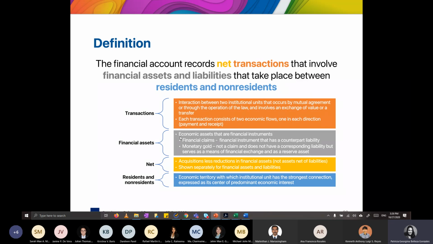So when we say financial assets and liabilities, these pertain to economic assets or liabilities that are financial instruments. So they include financial claims, where there is a counterpart liability. So for example, a claim is sort of like when you have a check.